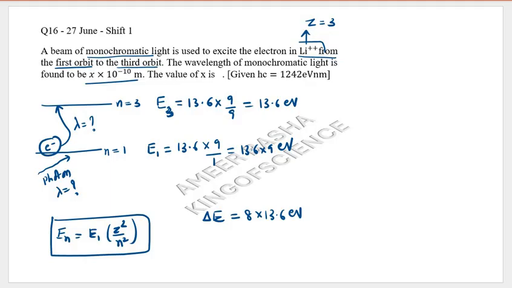What is the wavelength corresponding to this? The wavelength lambda will be equal to 1242 in nanometers divided by the energy, that is 8 into 13.6.